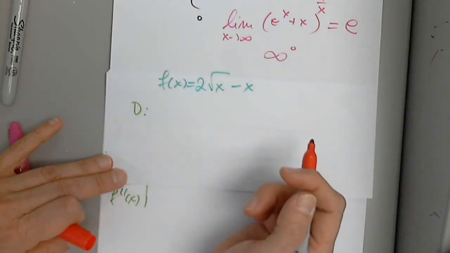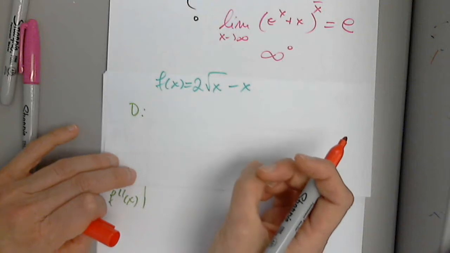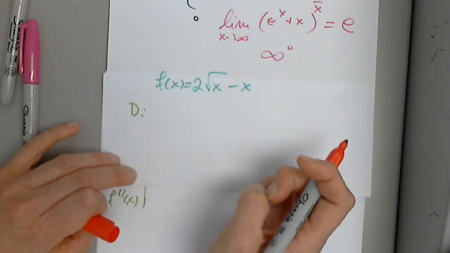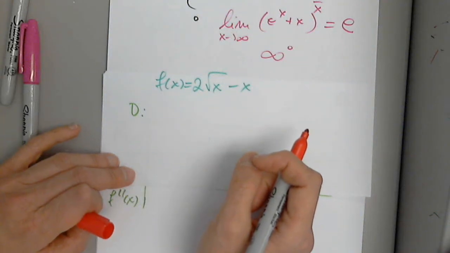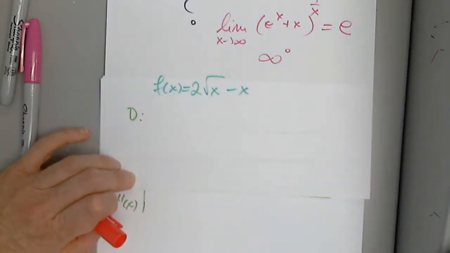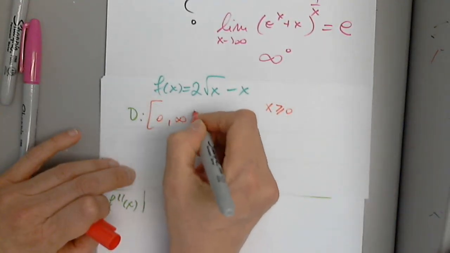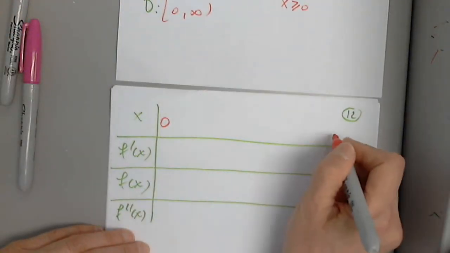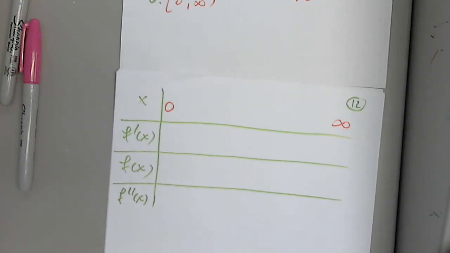No, it's a square root. Say it again. Very good, excellent. So the domain is 0 to infinity. Very good. Is that clear why?